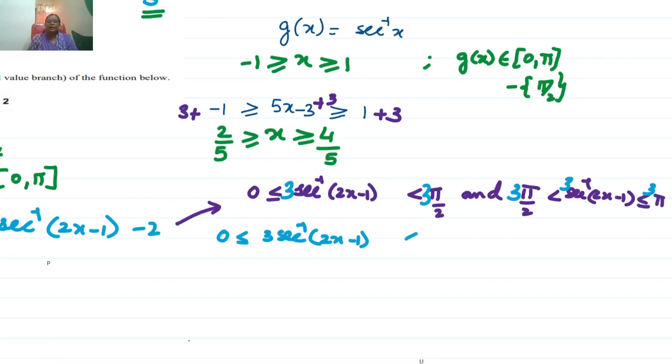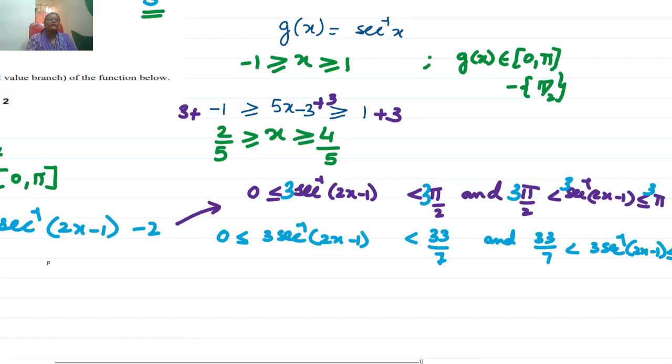Put the value of pi as 22 on 7. That gives us 33 on 7. So 33 on 7 is less than 3 times sec inverse of 2x minus 1, which is less than or equal to 66 on 7.